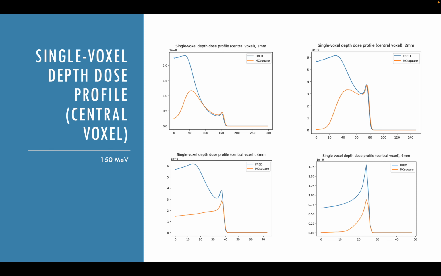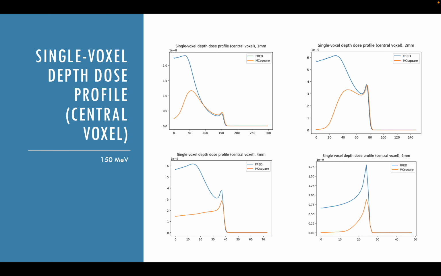One thing to notice, which is quite not expected, is that in MC square the dose starts at 0, which should not be the case. And I thought about it a lot, and after multiple hit and trial, I tried to understand why it's happening.